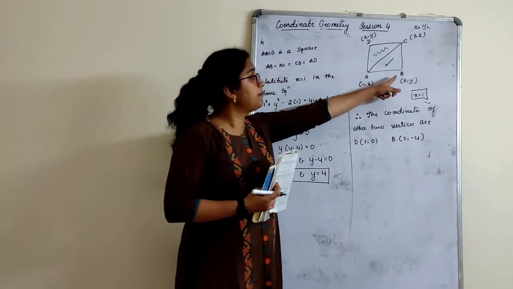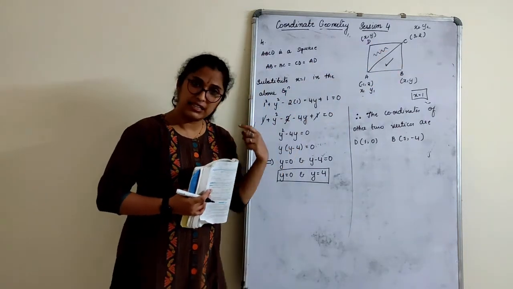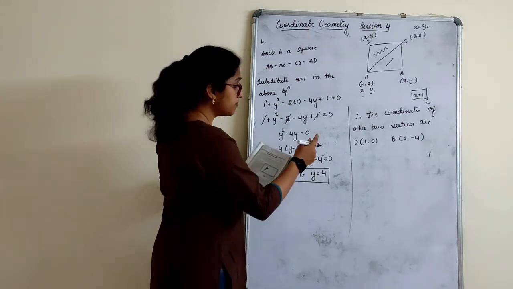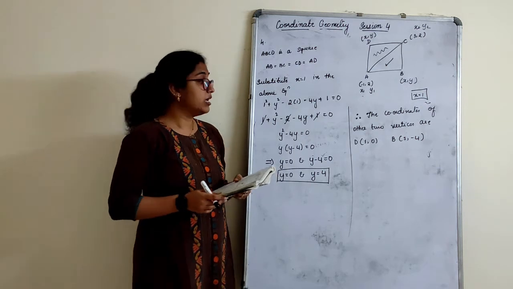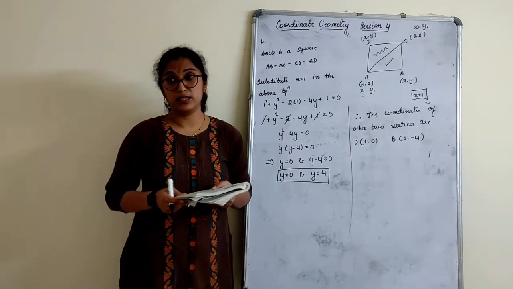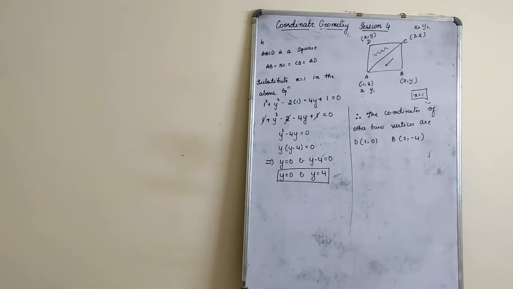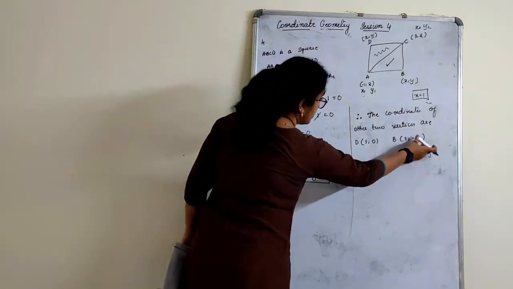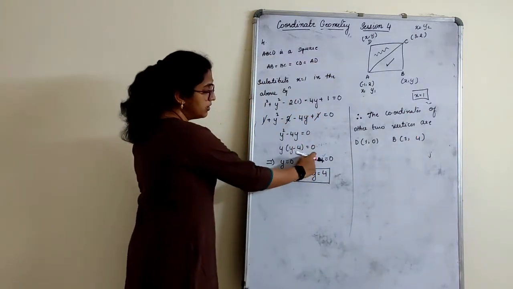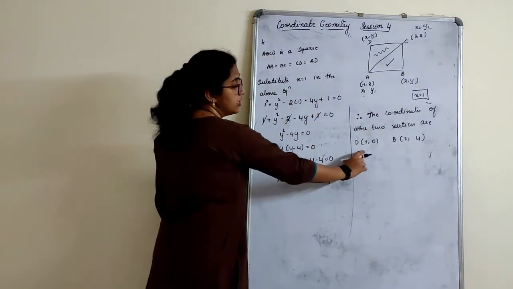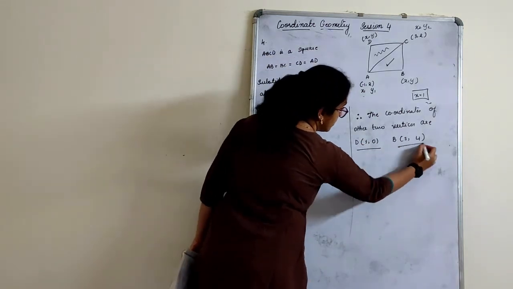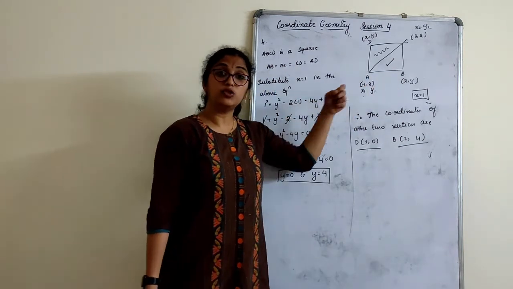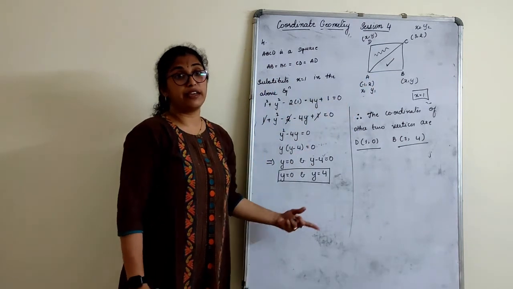If you solve for the B part here, leaving this, there also you are going to get the same answer without any change. Therefore, the coordinates are, for D it is 1, 0 and for B it is 1, 4. Oh, it is 4, not minus 4. I just saw the minus 4 here. So the vertices are D 1, 0 and B 1, 4. Even if you take this part and solve it, you are going to get the same answer. Give a try for this sum.